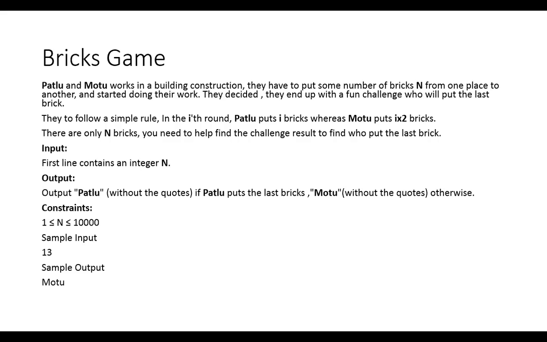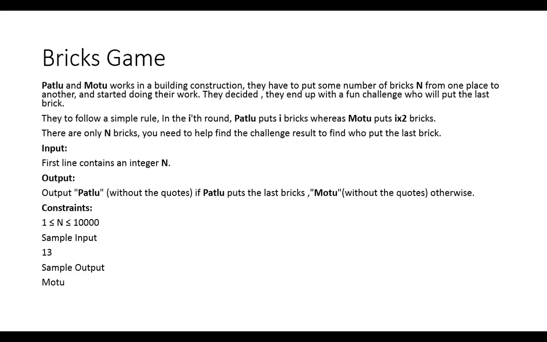In order to do this, they follow a simple rule. In the ith round, Patlu picks i bricks, whereas Motu picks i multiplied by 2 bricks. So Motu is doing more work than Patlu because he is putting double the bricks. Jokes apart, Patlu puts i bricks, whereas Motu puts i multiplied by 2 bricks, double the Patlu.